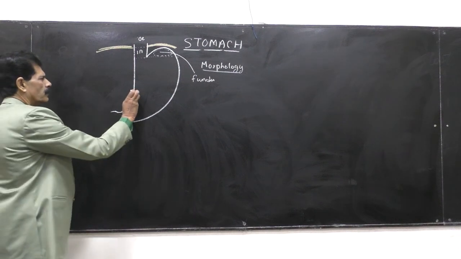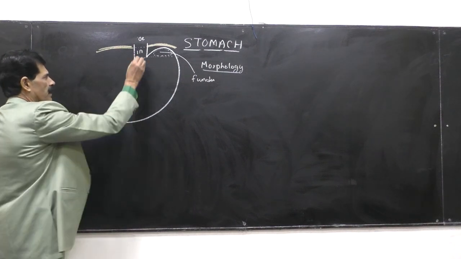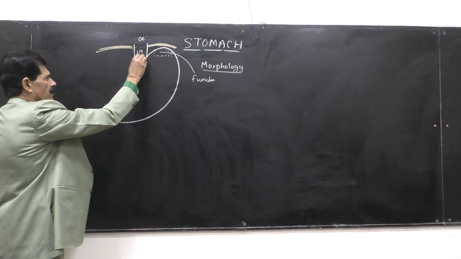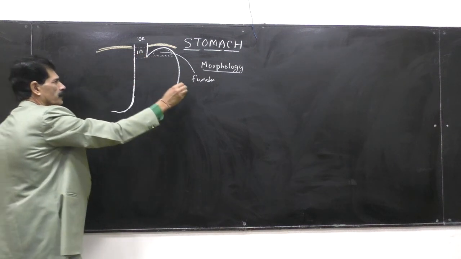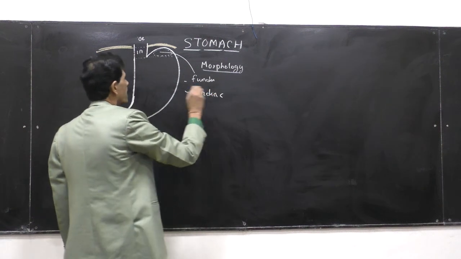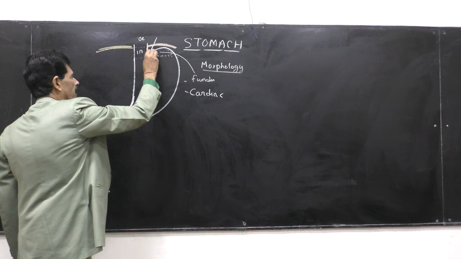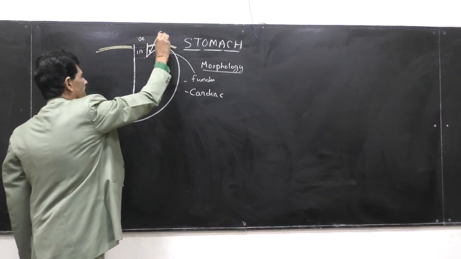Then it has two ends. This is called the esophageal end, or it is also called the cardiac end of the stomach. And this angle is called the cardiac notch.